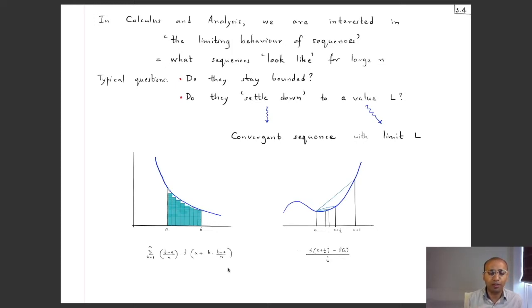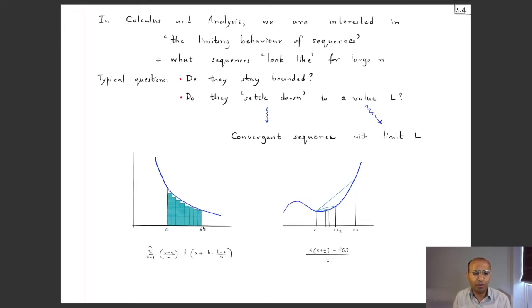To use in analysis, for example, things like this you have already met in calculus. For example, when we talk of the area under the graph, you might have learned that what we are actually doing is approximating this area by exhausting it with rectangular areas.